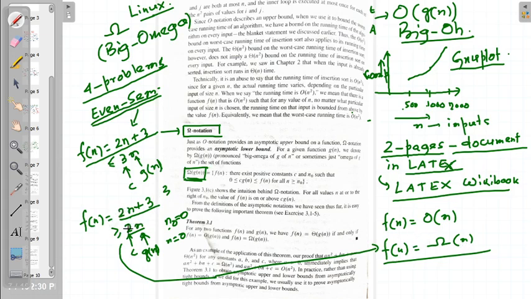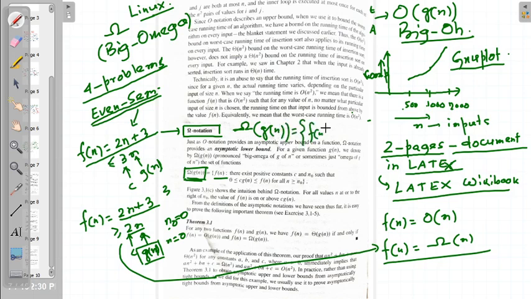Depending on a and b, we can have a set of functions which will be classified as omega of n.